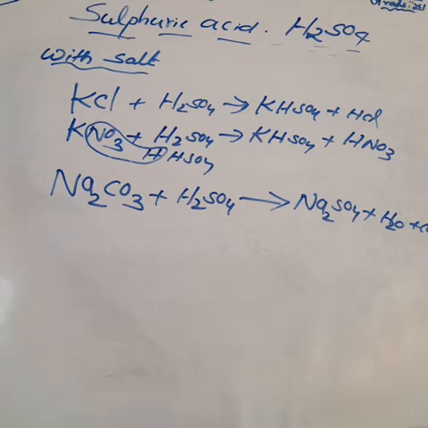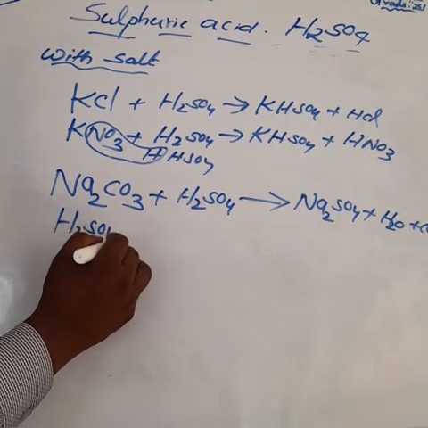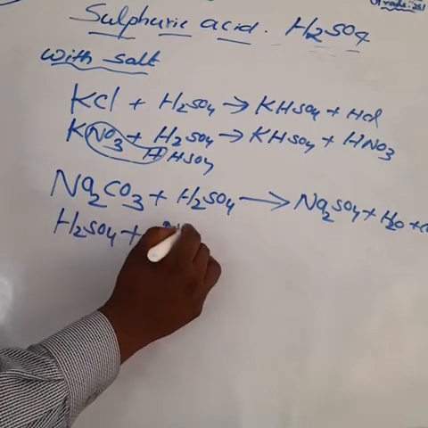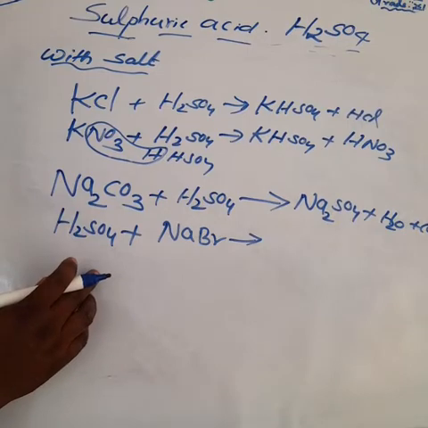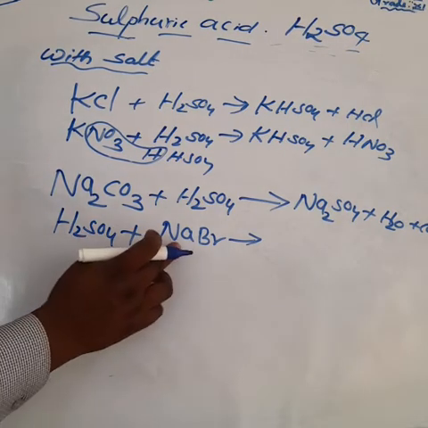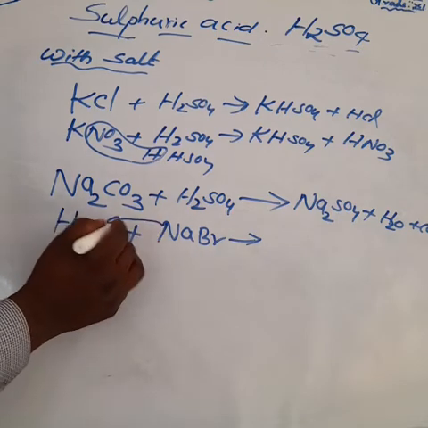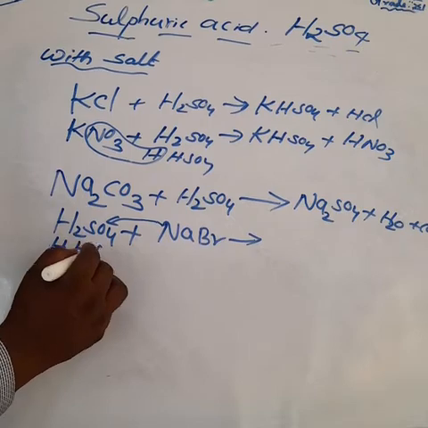Next one. Sulfuric acid reacts with sodium bromide salt, that is NaBr. Here the sodium combines with the sulfuric acid. The sulfuric acid can be written as HSO4.